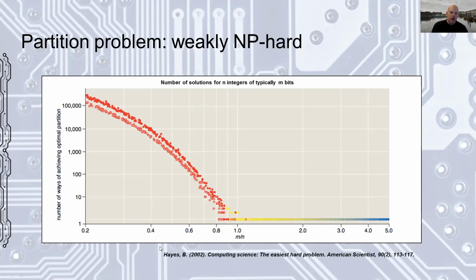But if the number of bits is very low, for instance somewhere here, you might have 10 integers of say 6 bits of information, then the problem is relatively easy because you expect at least 100 perfect partitions, at least 100 solutions to this problem. So that's why it's weakly NP hard. It depends on the number of bits per integer.